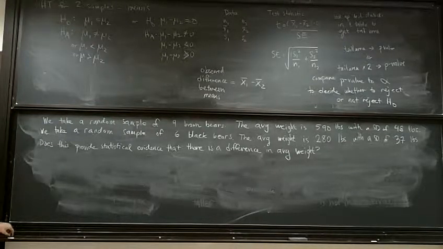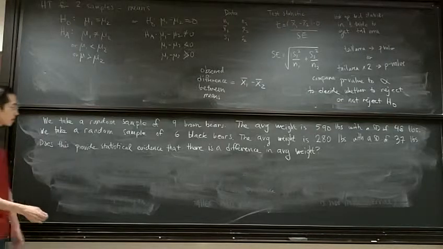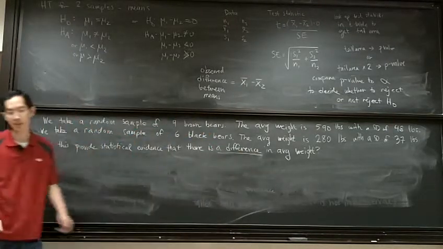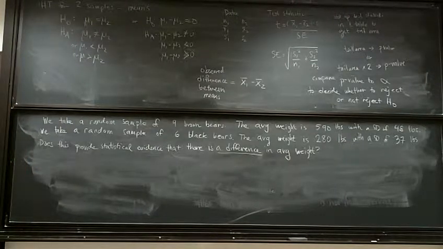The question just says, does this provide statistical evidence that there is a difference? So I'm not specifying that one is larger or smaller. We just want to know, do we have evidence of a statistical difference? And that is the data that you have.